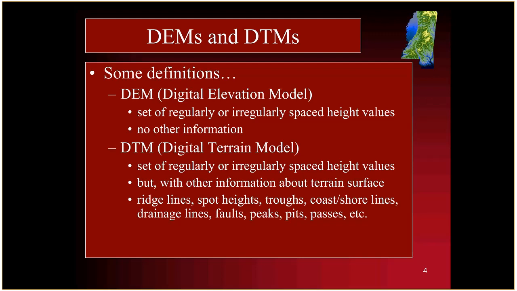Basically, the digital terrain model is the map of the terrain itself, where we've removed different objects from the ground.